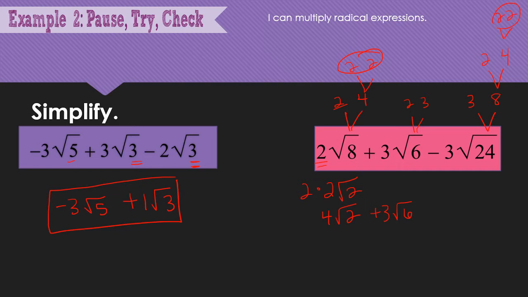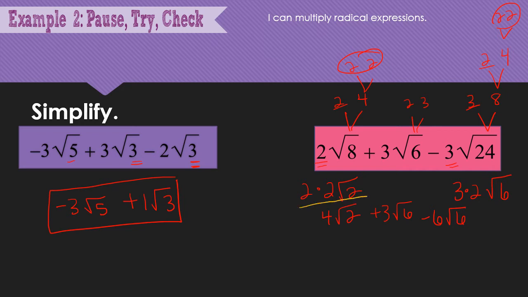There's my group of 2's that get to come out front. And this time I'm left with a 3 and a 2 on the inside. 3 times 2 is 6. I already had a 3 out front. I don't want to forget him, so I'm bringing him down. 3 times 2 is 6, so I'm going to have a minus 6 square root of 6.